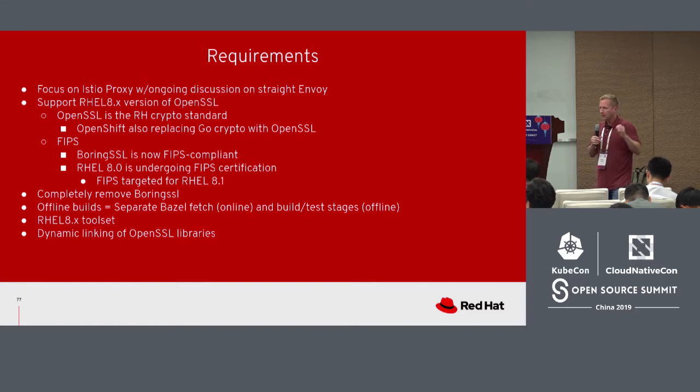But Envoy doesn't care, because they statically link BoringSSL into their Envoy binary. So they don't care if things change, or if the operating system has another set of BoringSSL libraries, because everything is bundled up into the one Envoy binary. You get the version of BoringSSL that works for that version of Envoy, and they're good. That makes perfect sense.